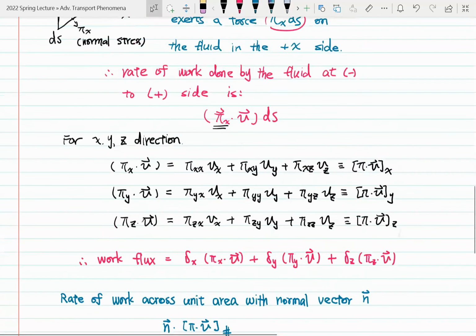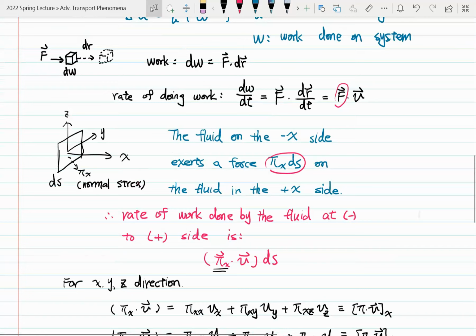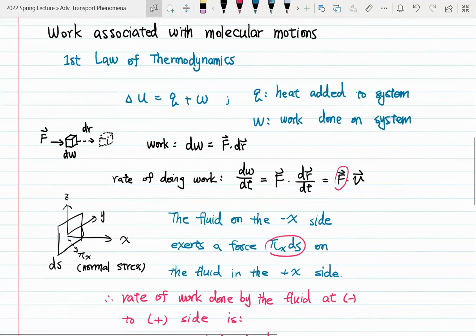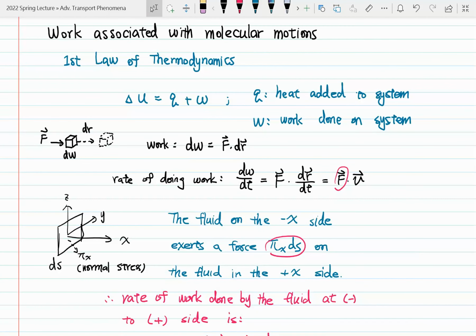Okay, so let's quickly review this part again. So the work associated with molecular motions. From the first law of thermodynamics, we know that the internal energy change equals the heat, Q, plus W, right? Q is the heat added to the system, and W is the work done on the system.